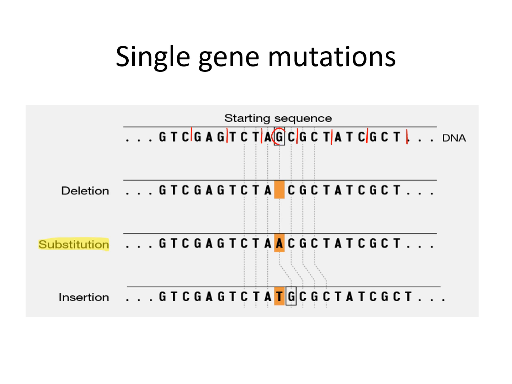In our starting sequence, we have a G here, but in our substitution mutation, that G has been swapped for an A. So what that means is this codon is now going to code for a different amino acid. So our protein is going to have one different amino acid, and all the other amino acids are going to be the same. We call this a missense mutation.